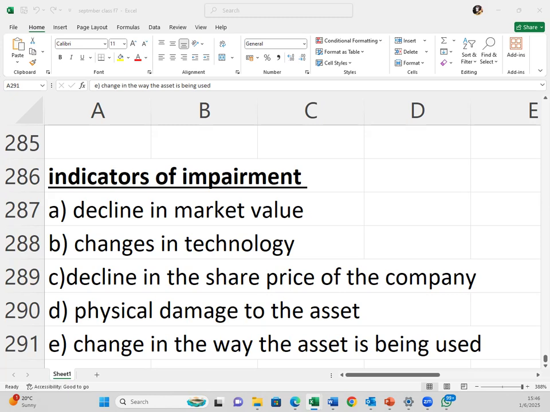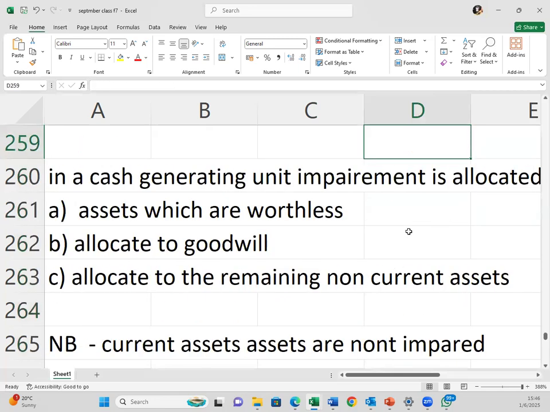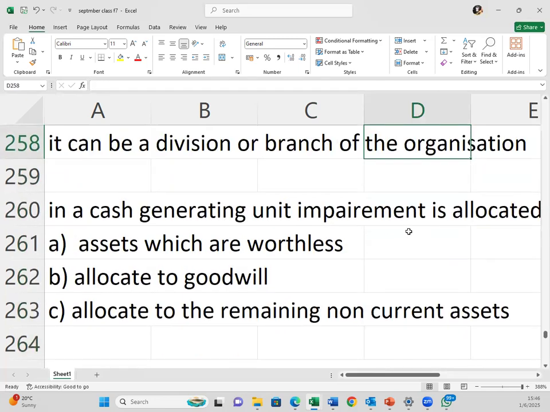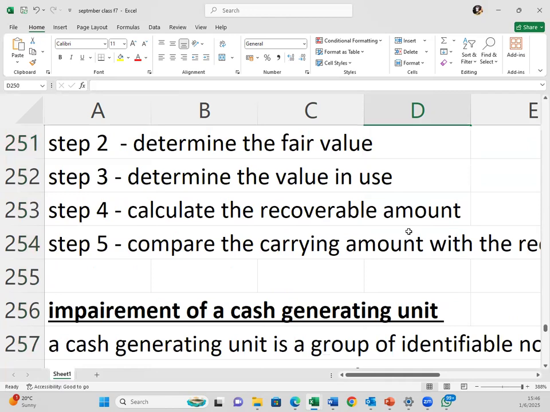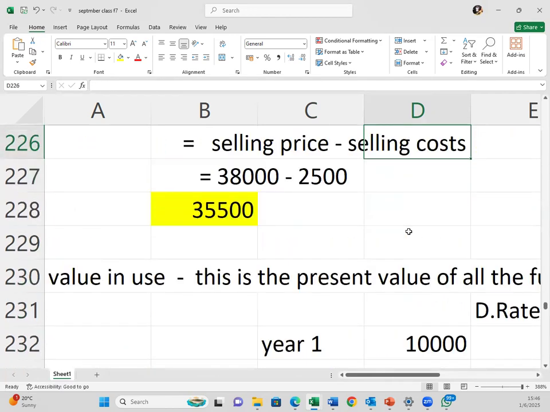So now let's go back and quickly have a recap of what we did talk about. After there is an indicator for impairment, what is the next thing? We need to, first of all, identify the market value.